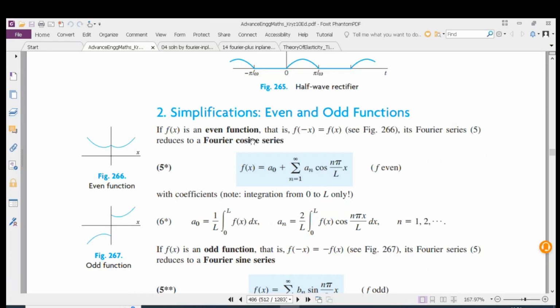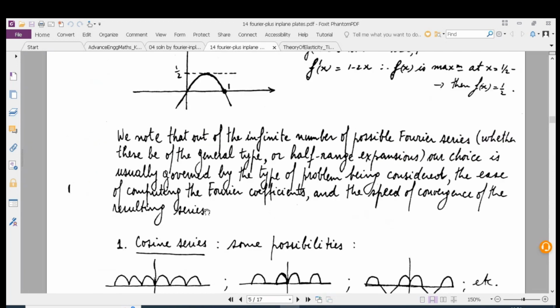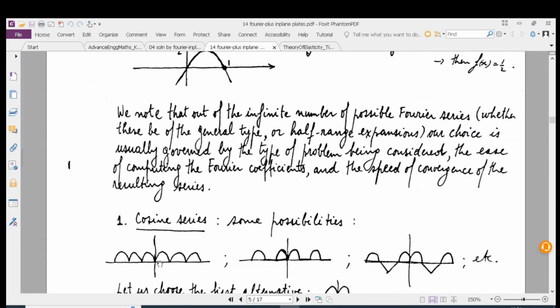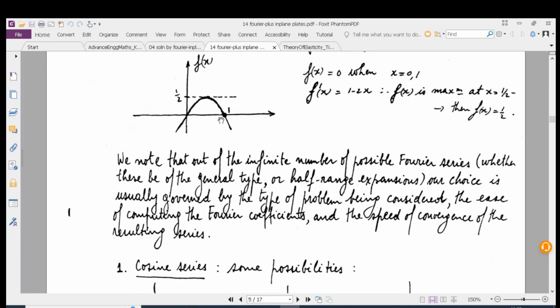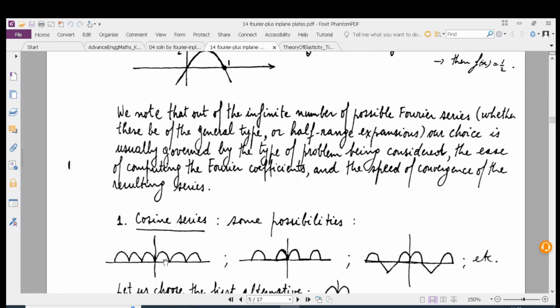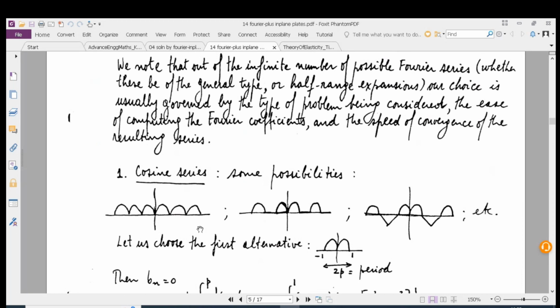As we discussed, the Fourier series having cosine terms will be able to approximate even functions. Thus, in the case of this function, we can assume that we have got a series of these functions at the left and right of the x-axis.